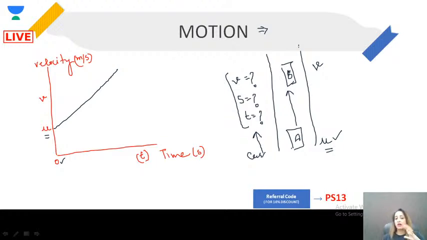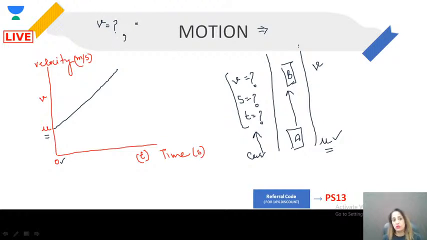So if we have all these queries, that is why we have these equations of motion, and that is the whole idea of today's lecture. We want to understand what are these equations of motion. All right, so let's get into these details. Here we want to calculate what is v, the final velocity of an object if it starts with initial velocity of u, and it has some acceleration.